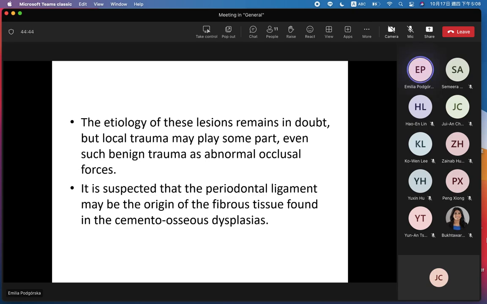The etiology of these lesions remains in doubt, but local trauma may play some part, even such benign trauma as abnormal occlusal forces. It is suspected that the periodontal ligament may be the origin of the fibrous tissue found in the cemento-osseous dysplasias.